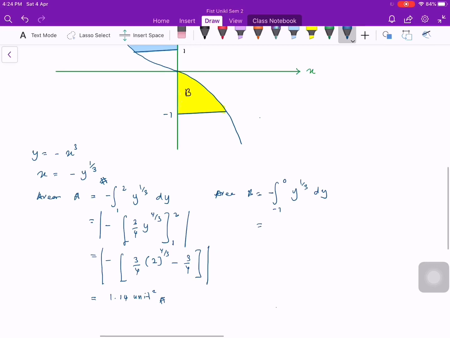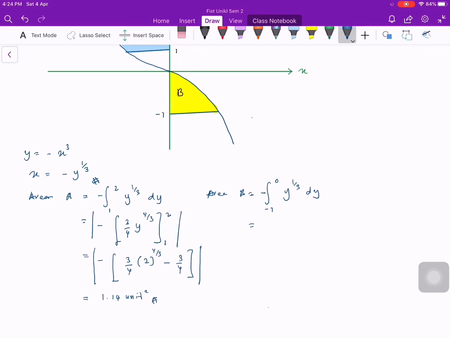So let's consider B, area of B. So we have integral of limits from -1 to 0 of y to the power of 1/3 dy. So sama juga dekat sini, saya akan dapat negative 3/4y to the power of 4/3 from the limits of -1 to 0.